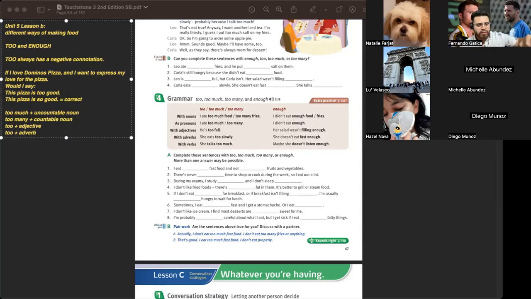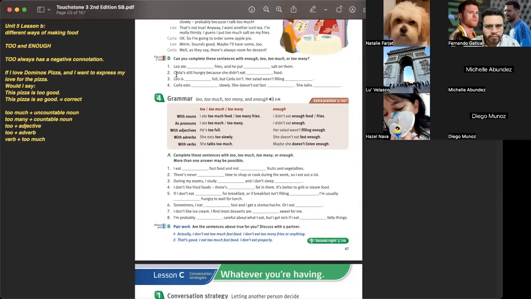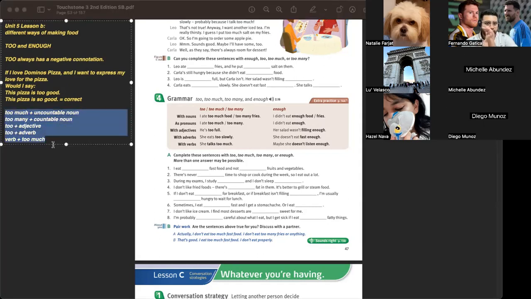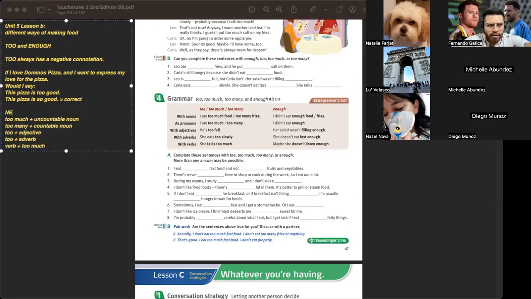Too fast, too quickly, too carefully, too slowly. And then a verb plus too much. I sleep too much. He talks too much. I don't like so-and-so because she smokes too much. I don't like so-and-so because he talks too much. It's a negative thing. And those are the different uses of too. All of these are negative.